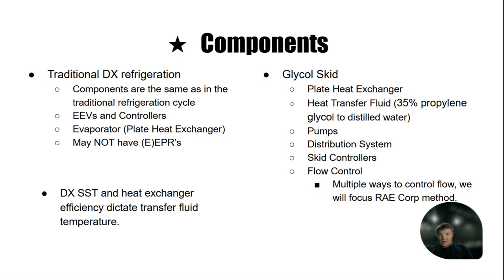Our components on our traditional DX side are going to be our compressor, condenser, expansion valve, and evaporator. We may or may not have an EPR, and what we're going over today has EVs.